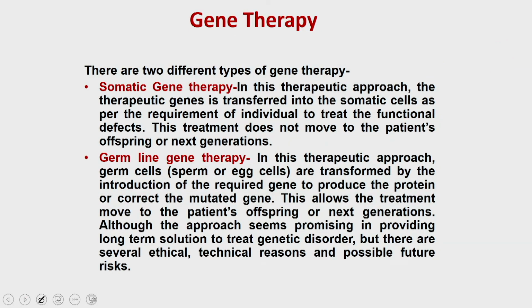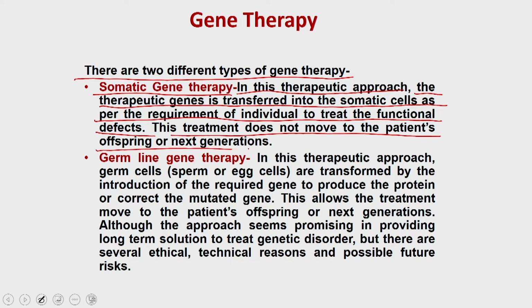Gene therapy is of two types. One is somatic gene therapy. In this therapeutic approach, the therapeutic gene is transferred into the somatic cells as per the requirement of the individual to treat the functional defects. This treatment does not move to the patient's offspring or the next generation. An example of somatic gene therapy is diabetes.